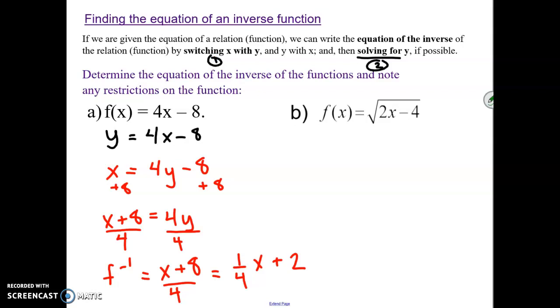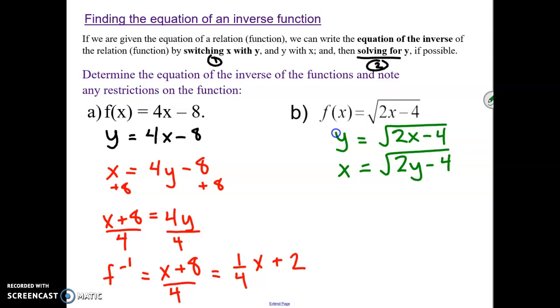So this next equation has a root in it. We're going to start the same process, switch your x and your y. And now we're going to work to get the y by itself. So first of all, there's that square root that needs to be dealt with. How do you undo a square root? Square both sides, good. So we're going to get x squared equals 2y minus 4.